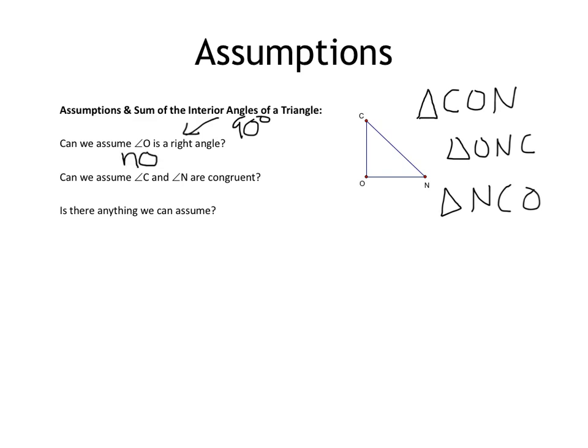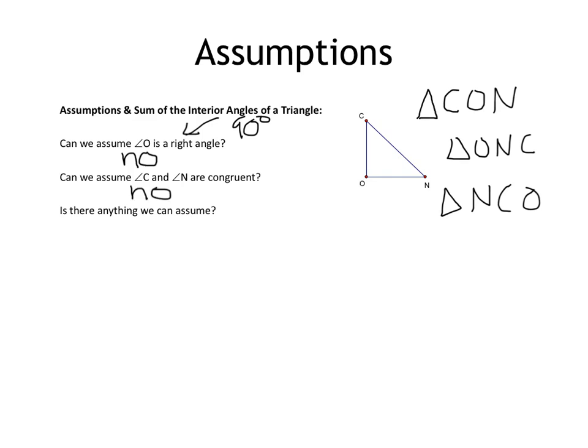The second question we've got to answer is, can we assume that angle C and angle N are congruent? Well, the only time angles can be congruent is if they have the same measure, whether it be indicated by a degree measure or by tick marks. But neither angle C nor angle N have tick marks or given angle measures, so we cannot assume that they are congruent.